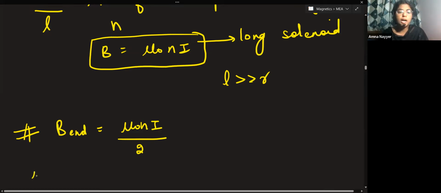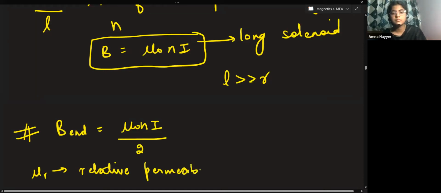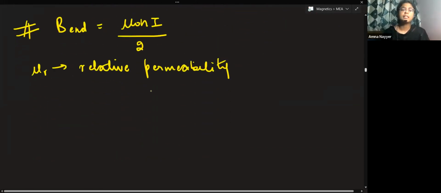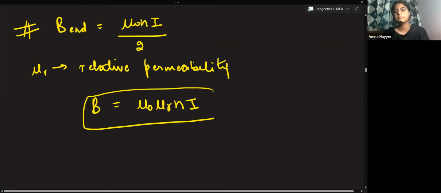If mu r is the relative permeability, then the magnetic field for the solenoid becomes mu naught mu r n I. Just multiply everything with mu r.